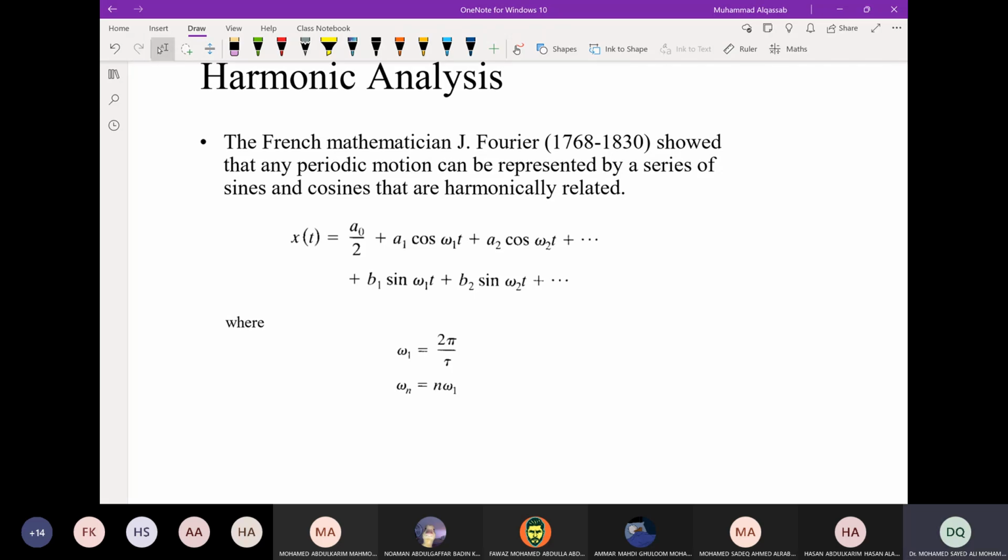So he wrote a series function that can represent any periodic motion, which is written as x of t.